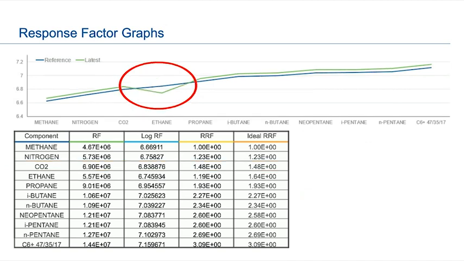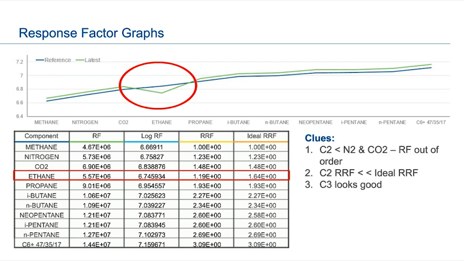In this example, ethane is less than we anticipated it to be. So I can pull this up. Again, response factors are a bit out of order. Ethane is smaller than CO2. And then I can look at my relative response factors, and I can see there's definitely a shift.